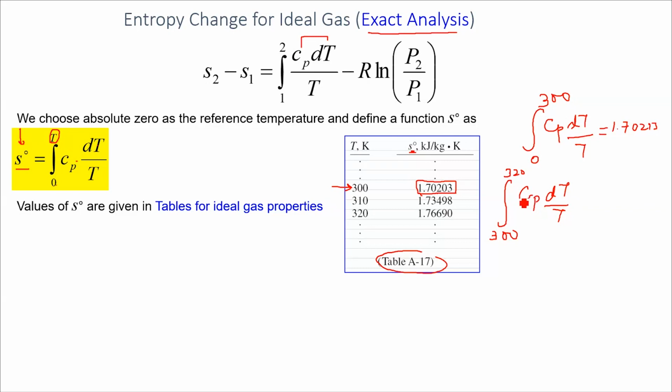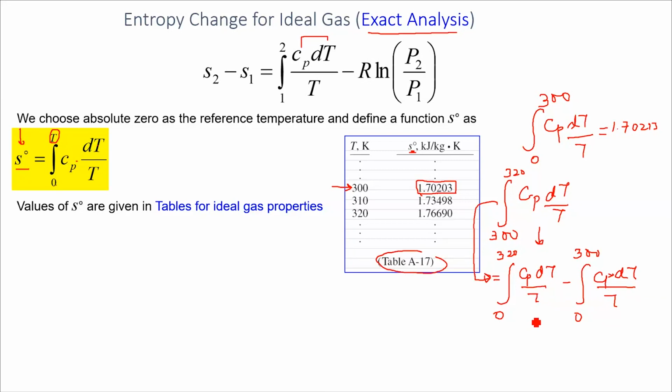The other approach is that I split this expression into two halves: 0 to 320 of Cp dT over T minus 0 to 300 of Cp dT over T. These expressions are the same. Clear enough? Yes, sir. All right.